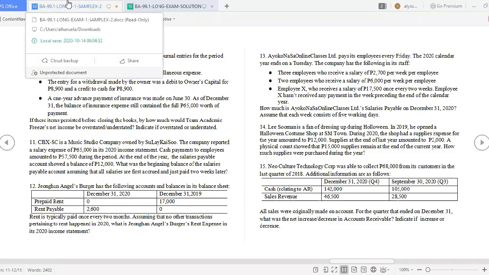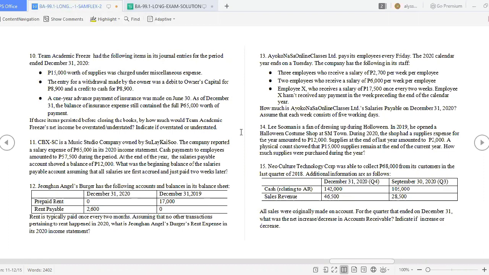And then bullet point 3, 1 year advance payment. So what happened here is that the insurance expense was overstated since the 1 year advance payment was all debited to insurance expense, which should not be, since we have to recognize the prepaid insurance not consumed yet for that year. So that's 65,000.